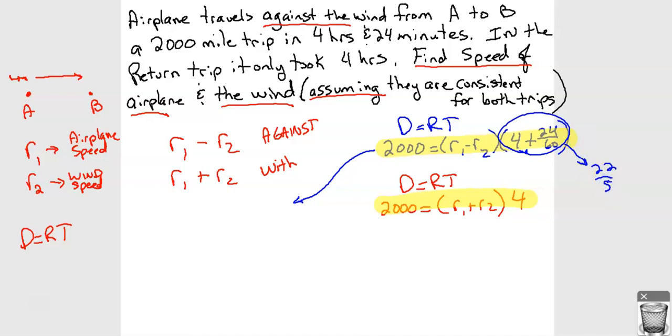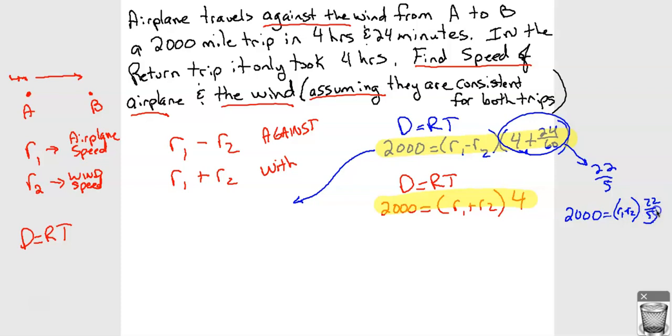Add those together, put it in fraction form, it's 22/5. Actually, I wouldn't even use the distributive property. I'm just going to get rid of the denominator. So here I have R1 minus R2.